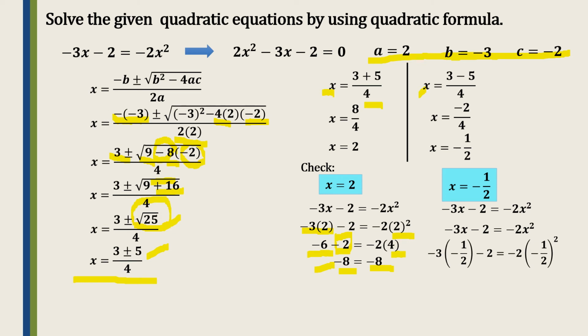Magkakaroon tayo ng negative 3 times negative 1/2 minus 2 equals negative 2 times negative 1/2 squared.